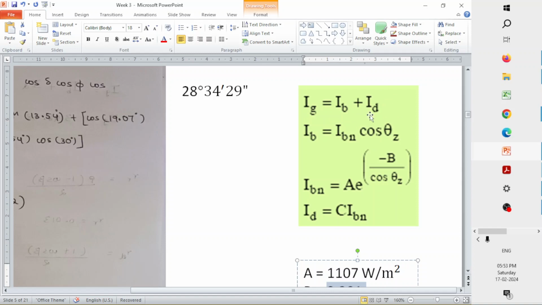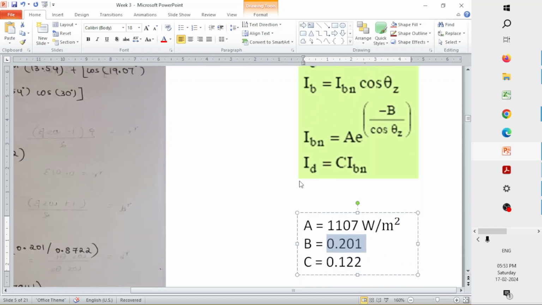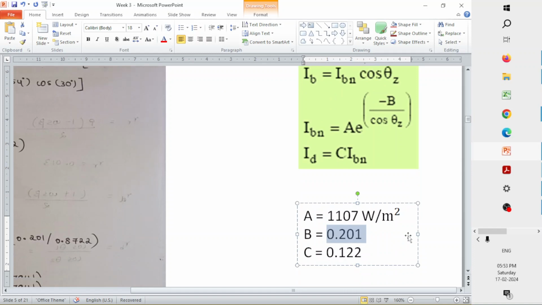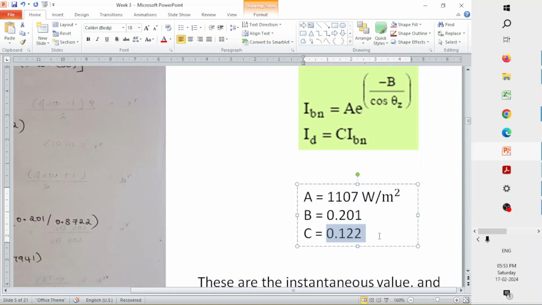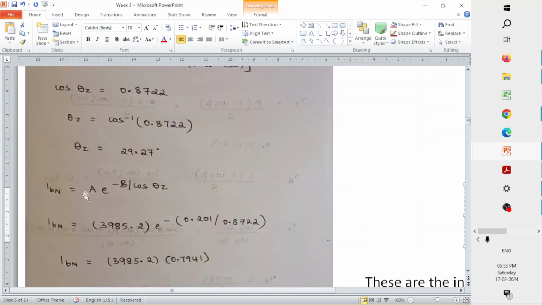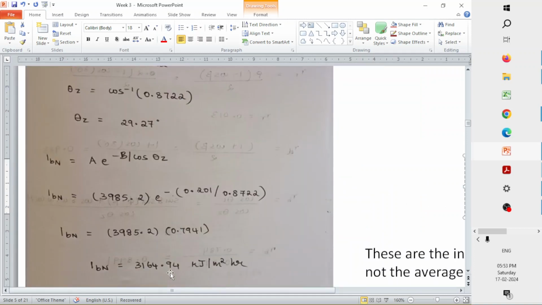So this is the sum. We know IB. If we calculate ID, we can get the value of IG. But to calculate ID, you need this formula. ID is nothing but C times IBN. You know the value of C, 0.122. IBN is known, 3164.94. So you can now calculate the value of ID and let me know.